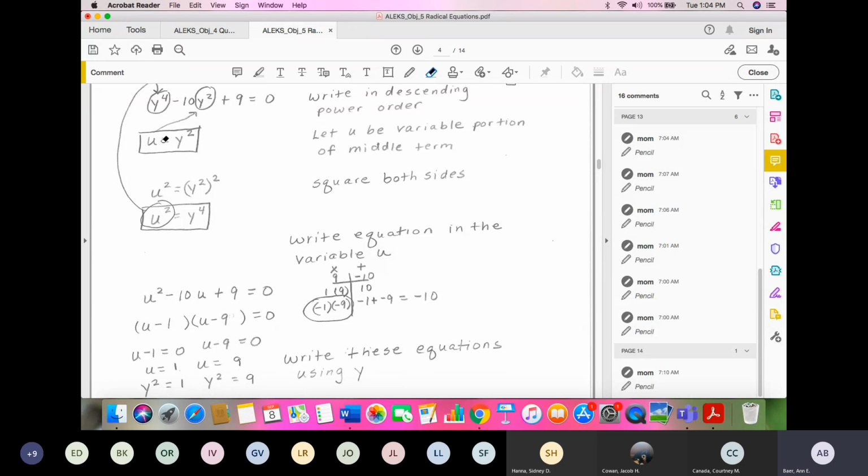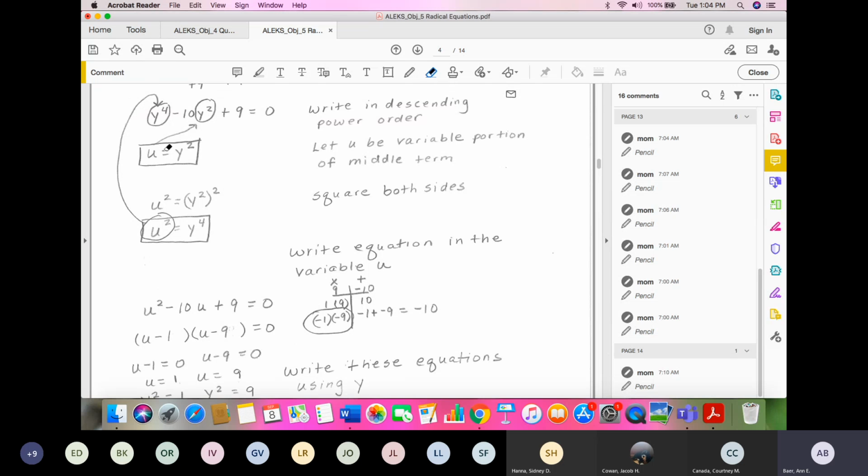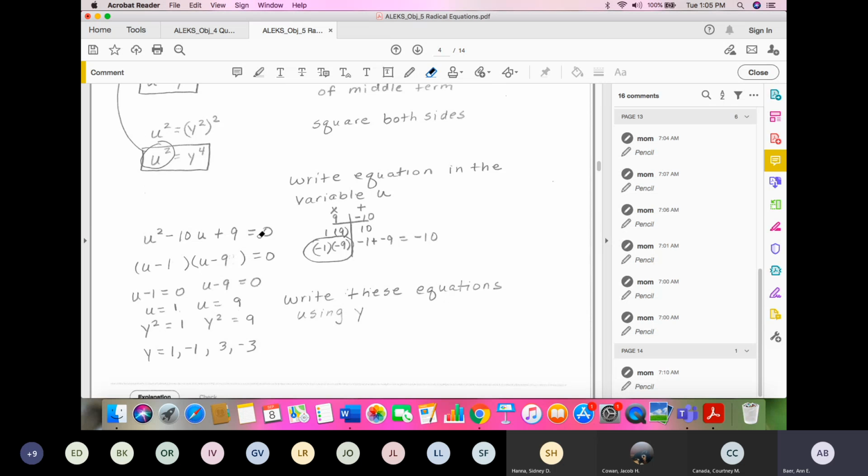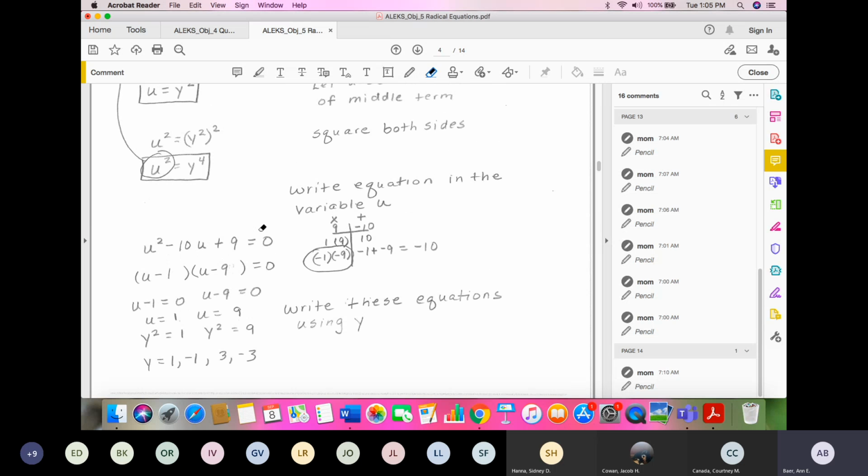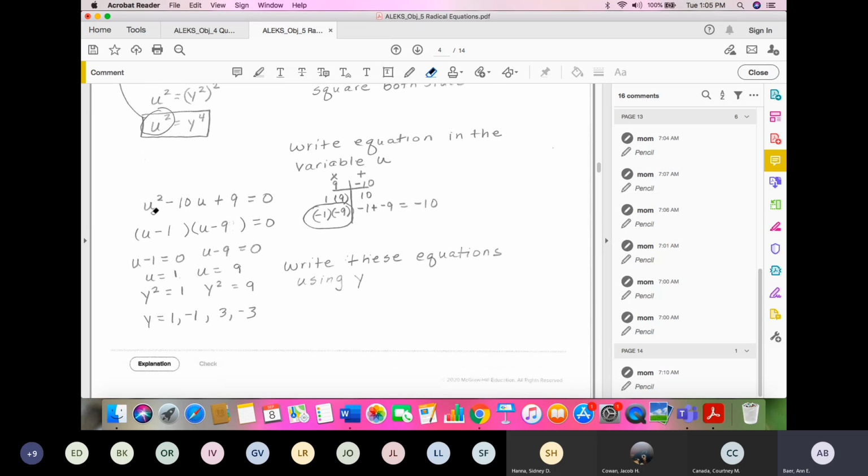U. We're really making this an equation in terms of u now. So we take out the y squared and put in a u here, plus 9 equals 0. And now that turns it into an equation right here of u squared minus 10u plus 9 equals 0.